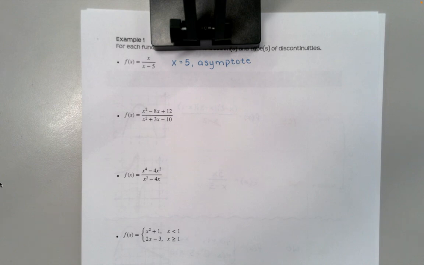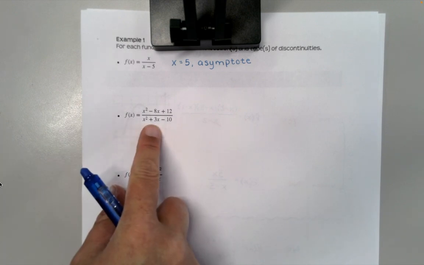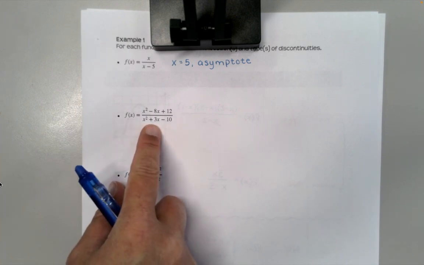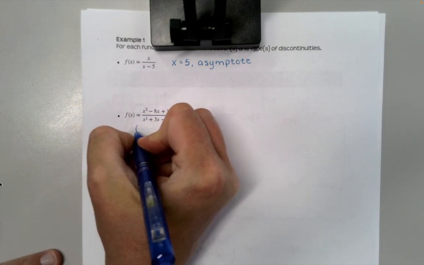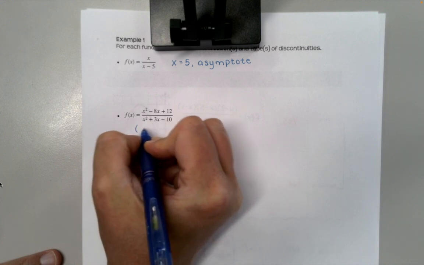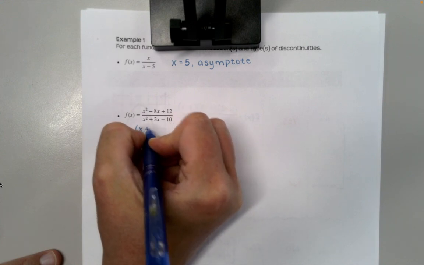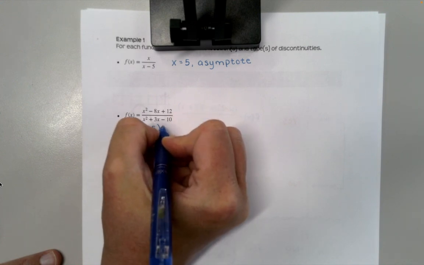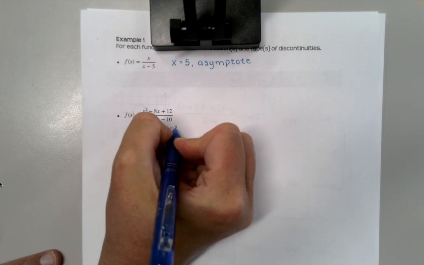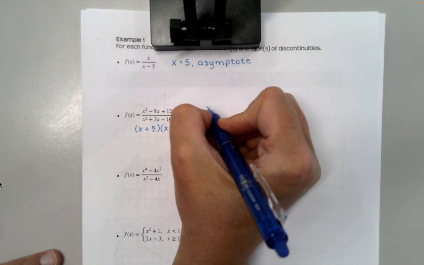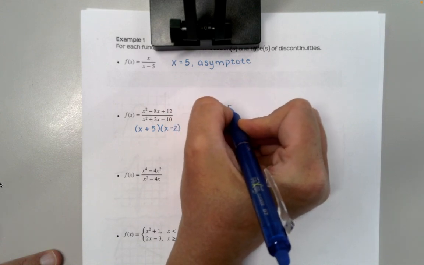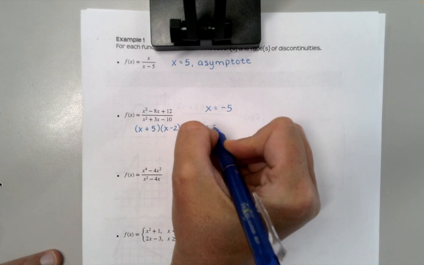In the next one, I know for sure I'm going to have to factor the bottom because that's what's going to tell me where my discontinuities are located. So I'm going to start with that. Let's factor down here, and this looks like a plus 5 and a minus 2, I believe. So I know right now that I'm going to have a discontinuity at negative 5, and a discontinuity at positive 2.